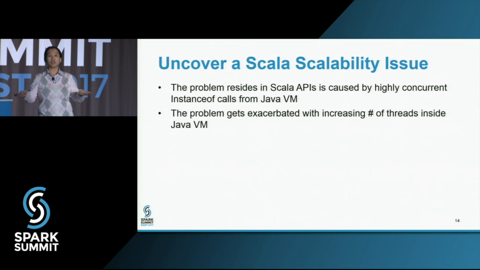A lot of people here in the audience are Java coders, like me too. So sometimes, maybe a lot of times, we use this instanceof, right? But until we used the tool, we didn't realize this instanceof has this big of a scalability issue. When you increase the thread count inside the JVM, the issue is getting worse and worse.